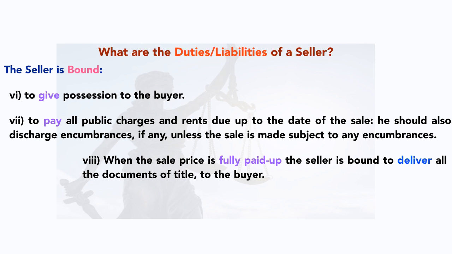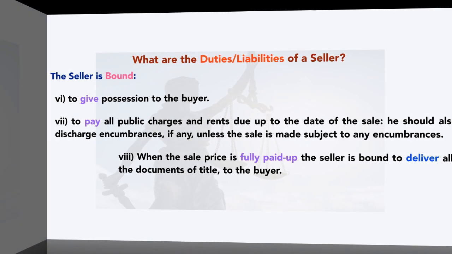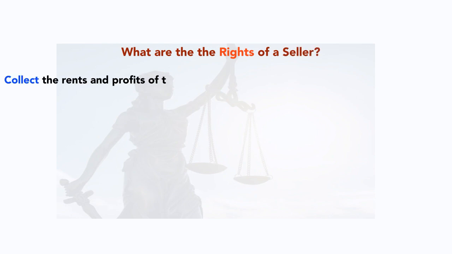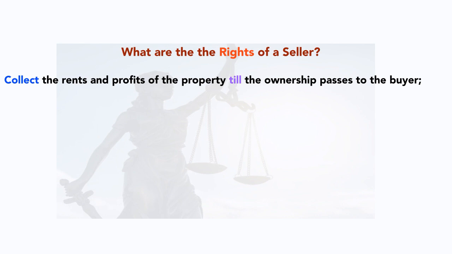We have discussed the duties and liabilities of a seller. Now check out what are the rights of a seller. Collect the rents and profits of the property till the ownership passes to the buyer. What does it mean?